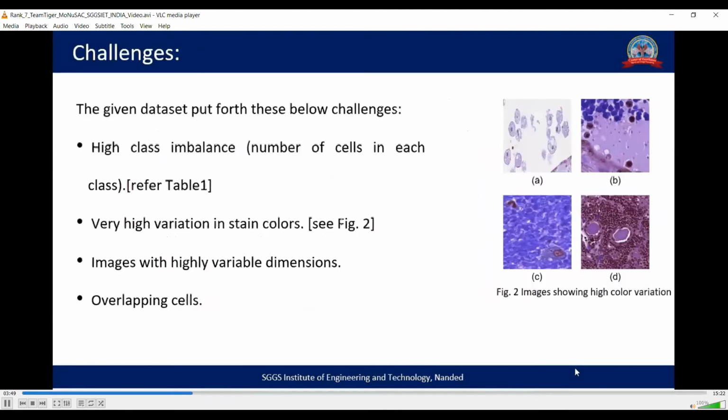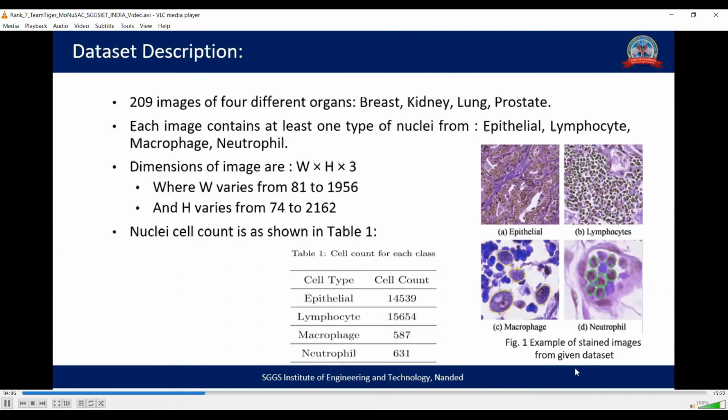We found 4 challenges when we analyzed the dataset. These challenges are listed here. The very first challenge is high class imbalance. From table 1 we can observe the cell count of each type. The cell count of macrophages and neutrophils is 28 times lesser than the cell count of epithelial cells and lymphocytes.